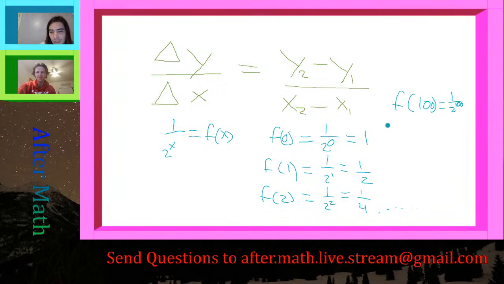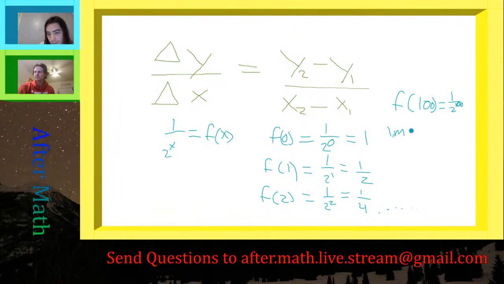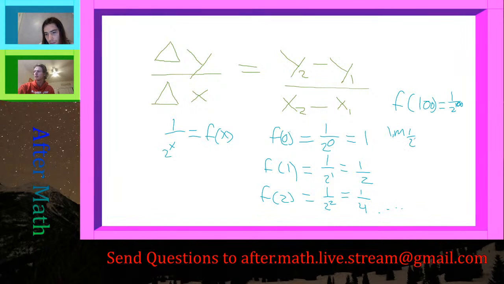And so we can write this and say the limit of 1 over 2 to the x as x approaches infinity equals 0.